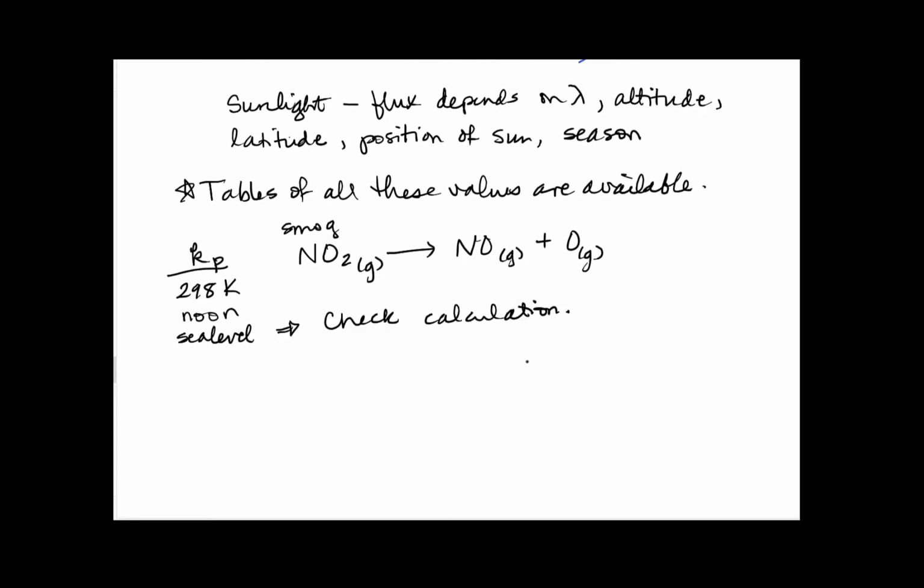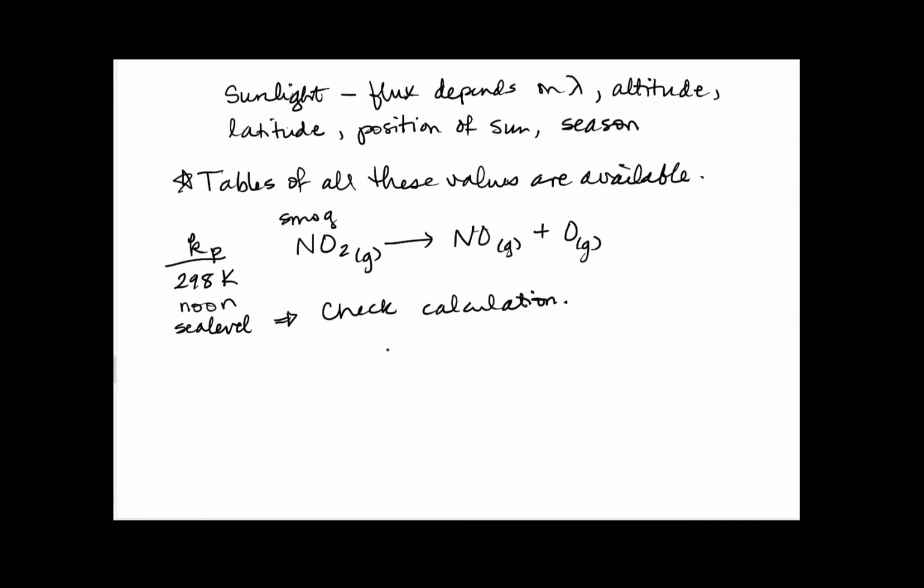The other detail for this problem is if we look up a nitrogen dioxide absorbance spectrum, since it is visible, it makes a brownish gas, we know that it must absorb in the visible spectrum. But all we really need to know is the wavelength required to break this nitrogen dioxide bond. And it turns out that that wavelength is less than 420 nanometers.